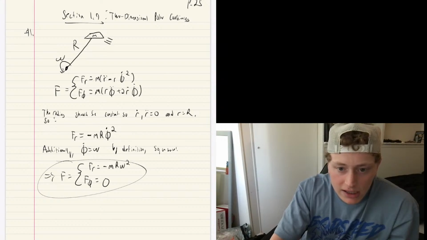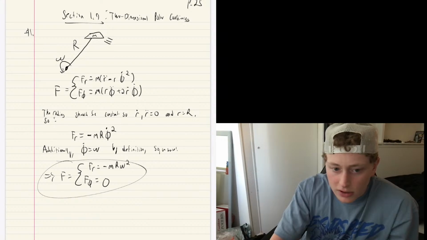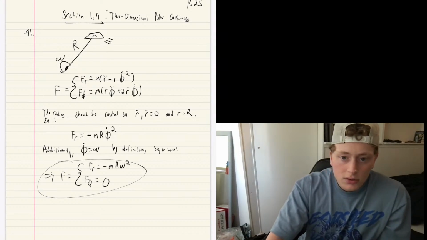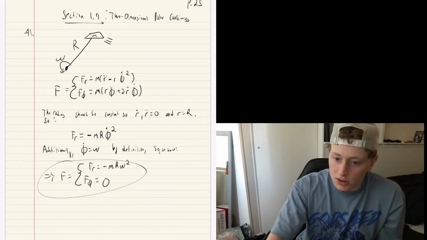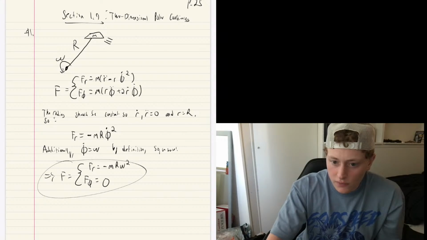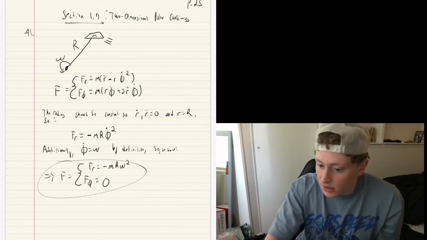I'm clearly a physics idiot. No, those are the two components of force. There should not be another component. That's by definition what our force is. What am I missing here?